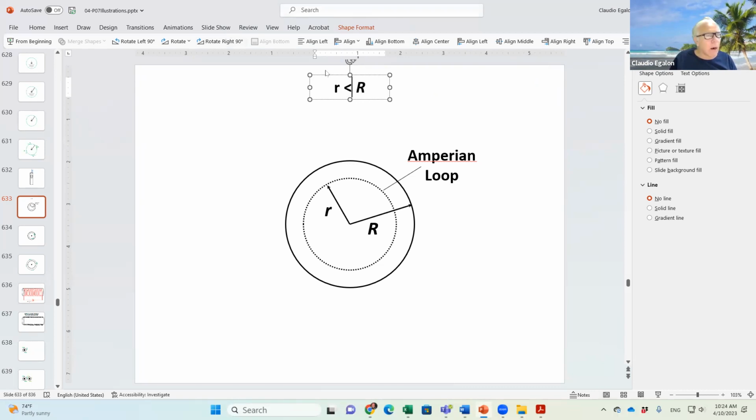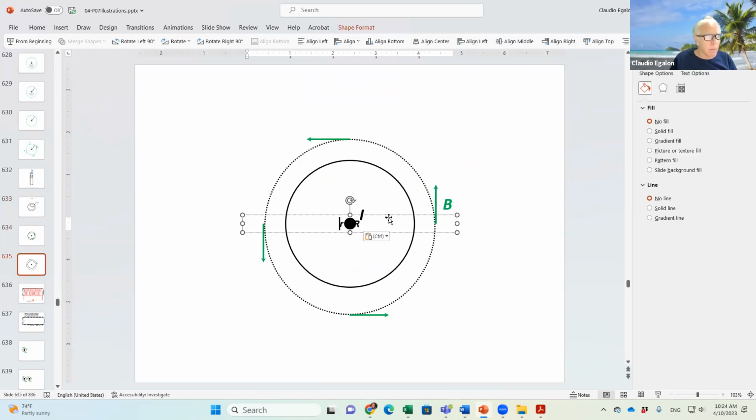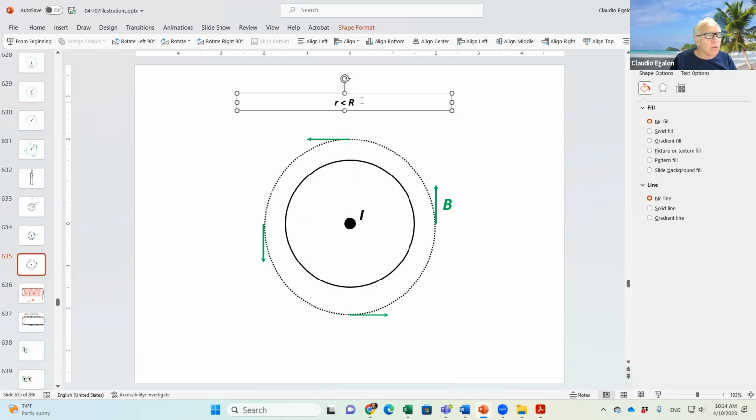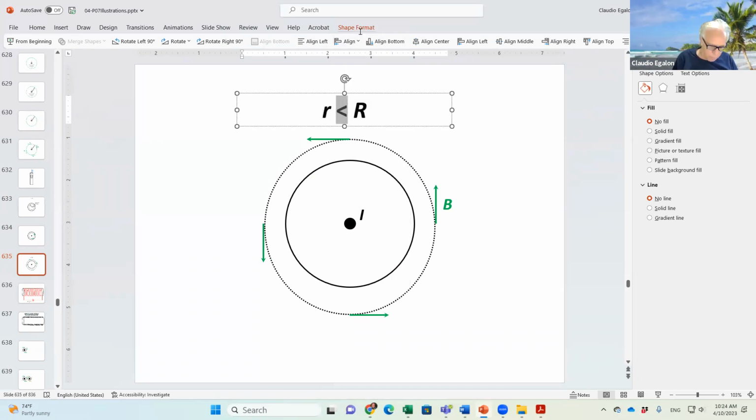Less than big R. And then I'm going to use that in the other one. Here you go. Whoa. This one is small. Okay, let's see. Greater. Good.